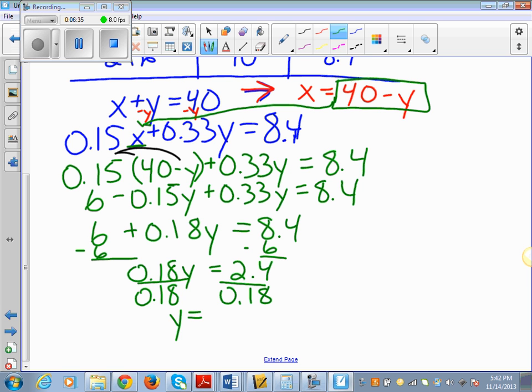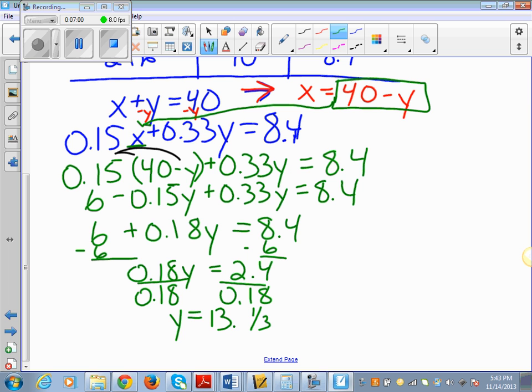And 2.4 divided by 0.18 is 13.33333 repeating, which is the same as 13 1/3. So that's how much of our 33% solution that we need to use. But we still want to know the answer to how much of the 15% solution we need.